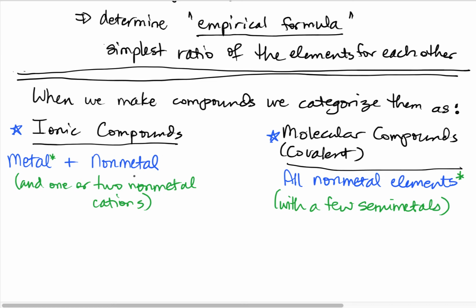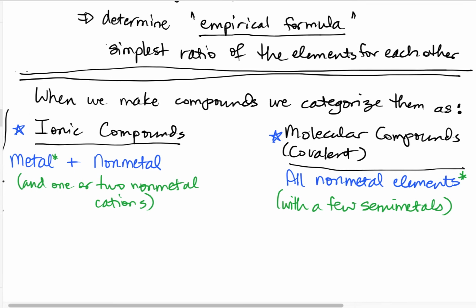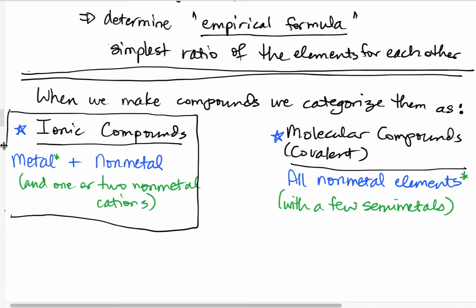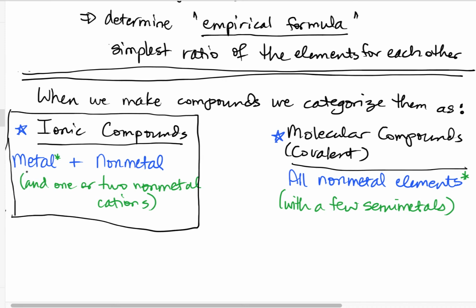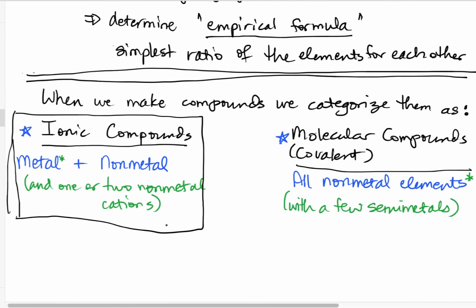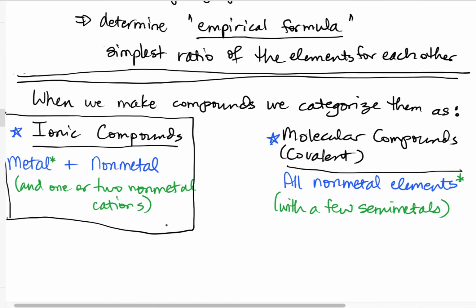I would just look at, for ionic, metal plus a non-metal, and for a molecular compound, all non-metal. And when you're a little bit more experienced with chemistry, you can start messing around with some of the specific exceptions. But we don't need to worry too much about those exceptions right now. We're just going to stick with these 2 big categories.